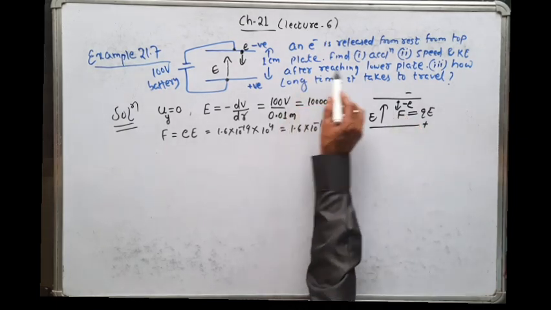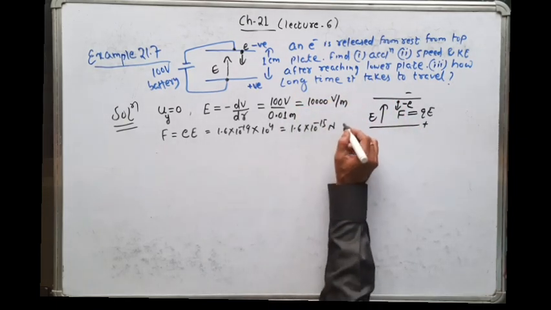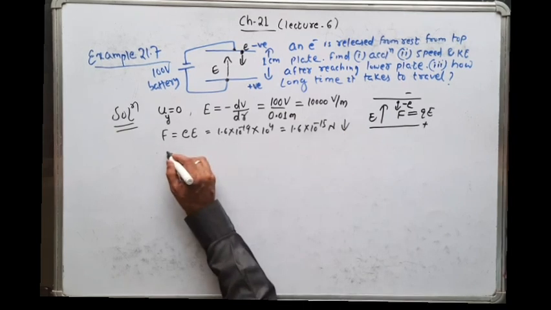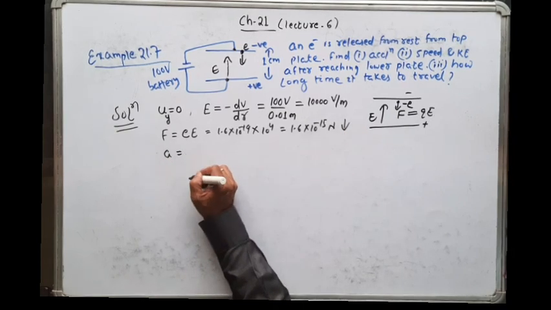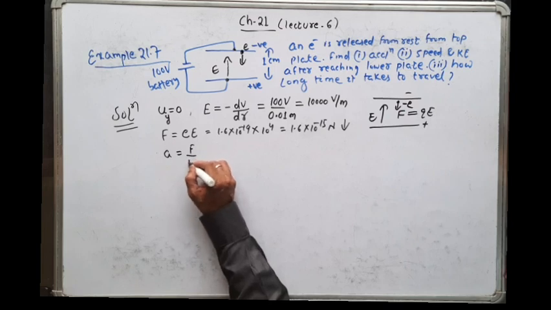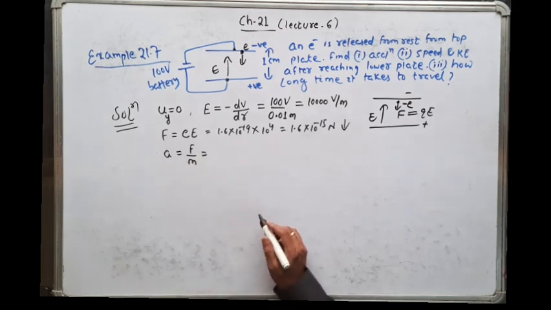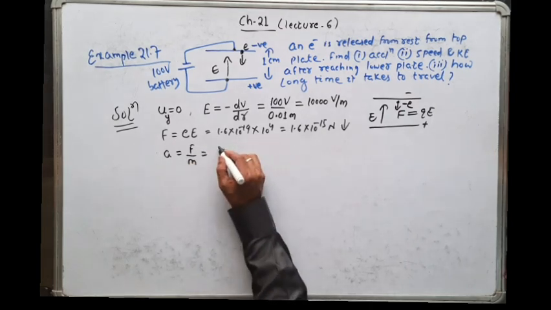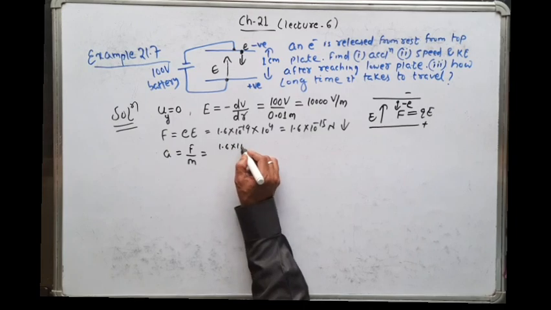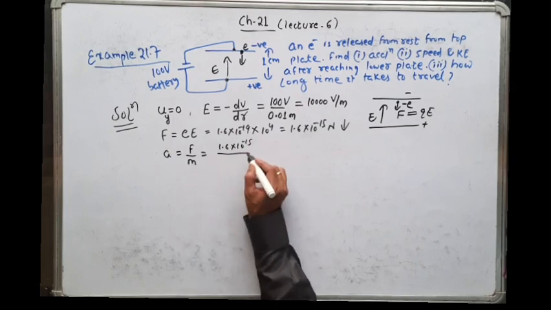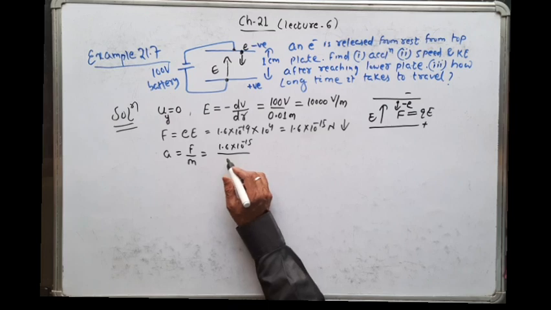Then the question is, what is the acceleration? Since the force is in the downward direction, the acceleration will also be in the downward direction. What is the value of the acceleration? Force divided by mass. So force is 1.6 into 10 to the power minus 15 divided by the mass.